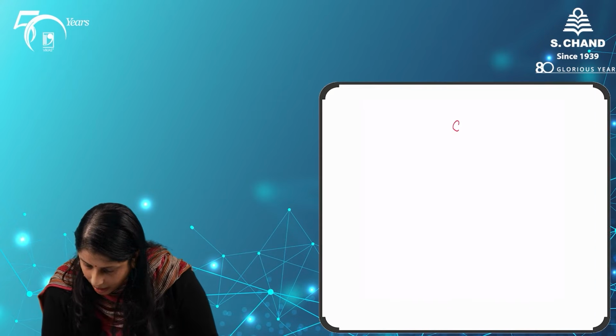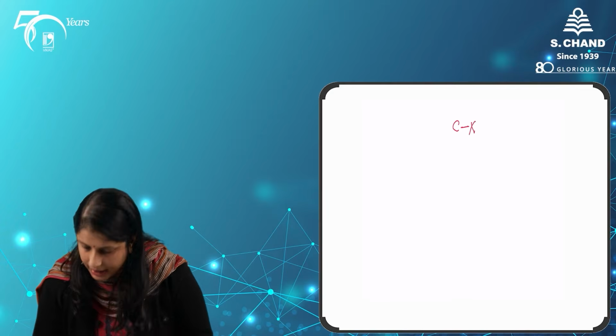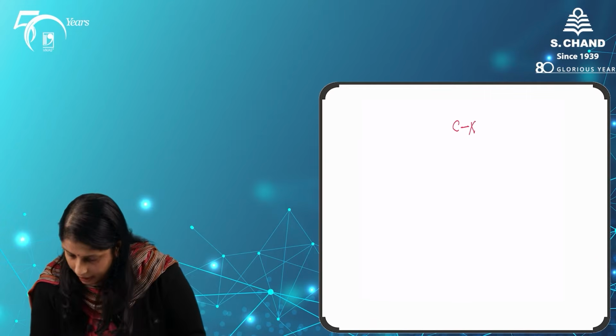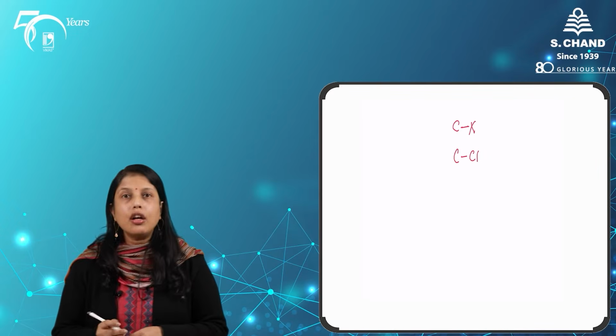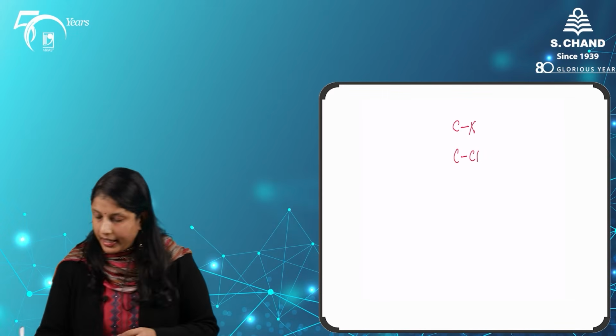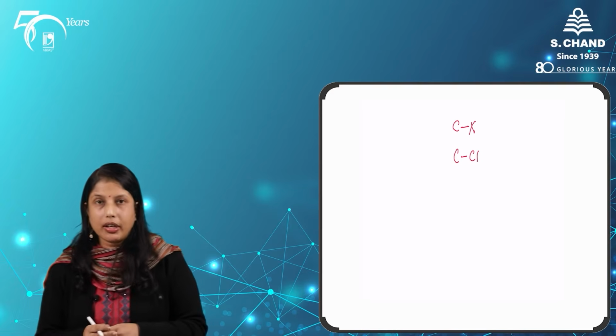Perhaps the most important property of our alkyl halides is the fact that these molecules are polar in nature. Why is that? Let's look at their structure. If I write a typical carbon halogen bond, let's say C-X, or let's look at a specific example, C-Cl. What do I notice in this carbon halogen bond?